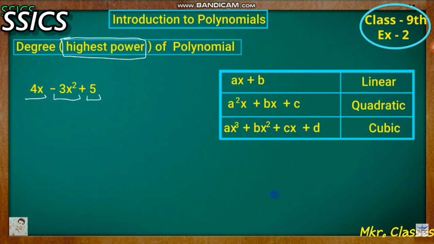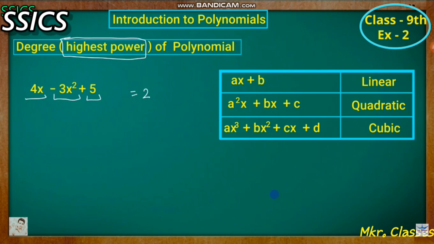What is the highest power here? 4x to the power 1, 3x to the power 2, and 5 is considered 5x to the power 0. The highest is 3x square. Then the degree of the given algebraic expression is 2.